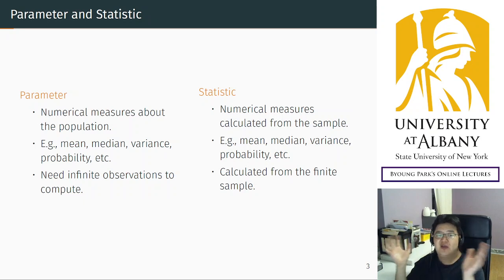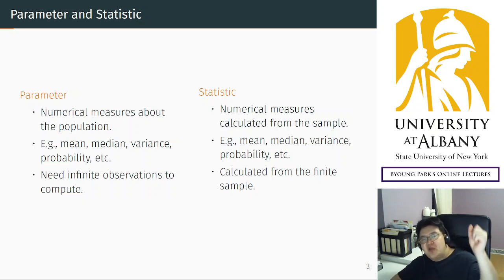You can still calculate a lot of things, even if you have a limited number of observations. They are statistics. But you have to understand that the statistic is what you can calculate from the sample. So this is the tool, and the parameter is what you want to estimate. Then how are you going to estimate that?